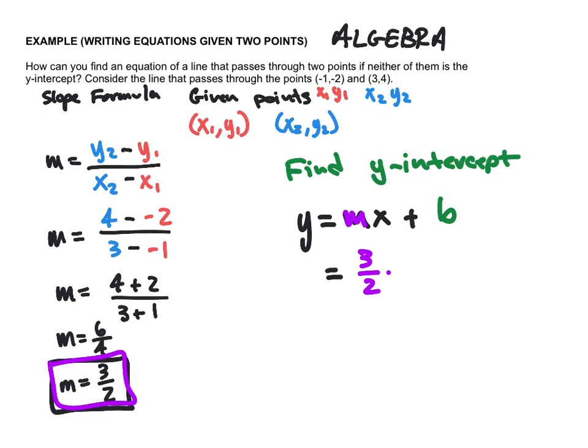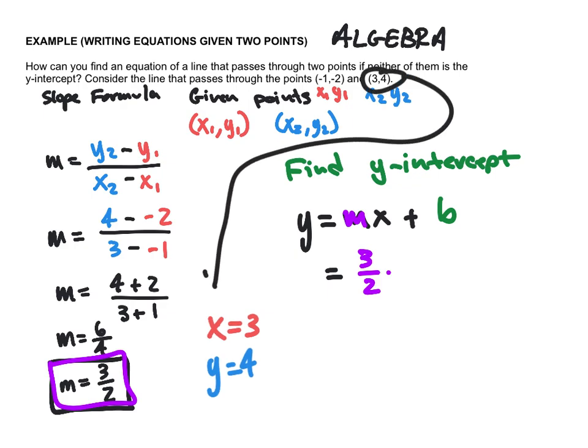So what I know is that I've got an x value in this case. I'm going to use red for x is equal to 3. And blue, I'm going to use y is equal to 4. And all I'm doing is taking this point here and using those values. I could use -1, -2 if I wanted to.